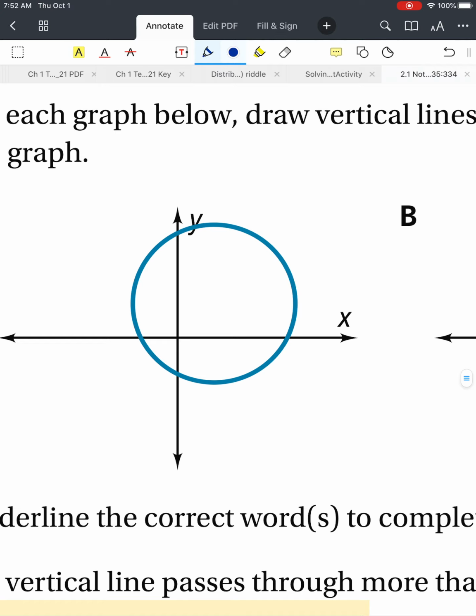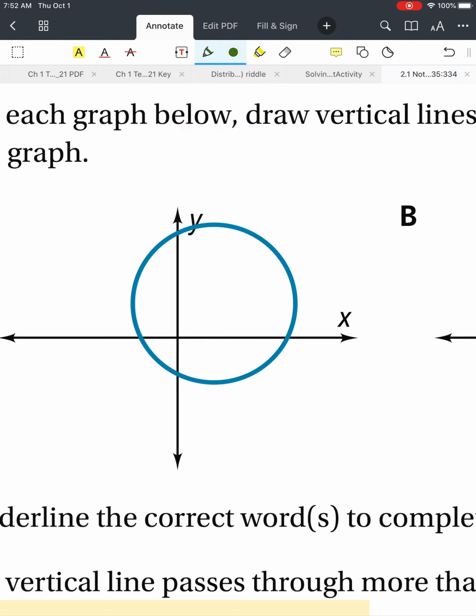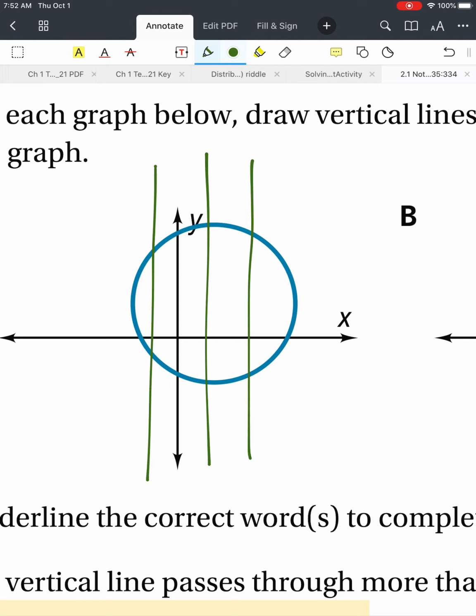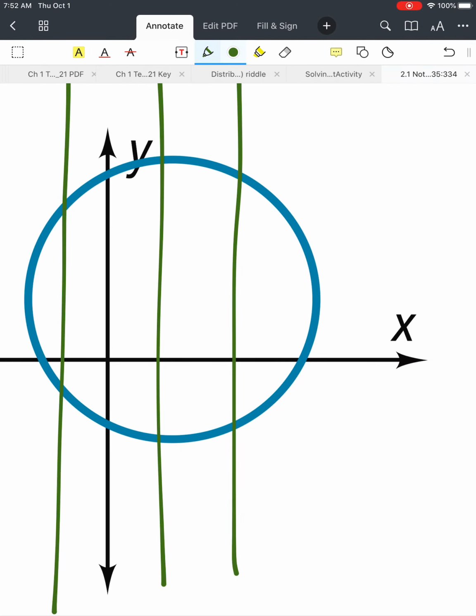Sometimes if you want to be safe, you can actually draw multiple. I'm going to change my color. You can draw multiple vertical lines if you want, just to make sure that you don't accidentally miss it. And if you draw a vertical line, we're looking for, are we hitting the graph multiple times?